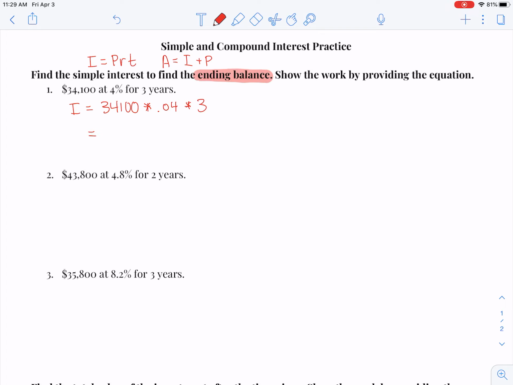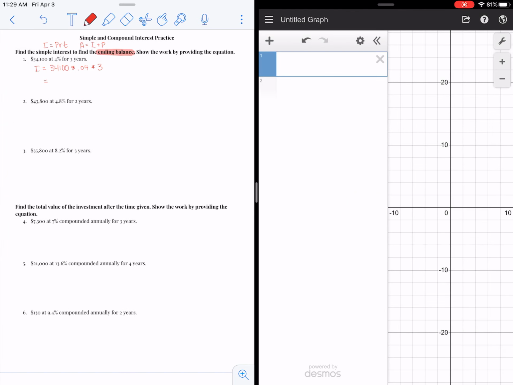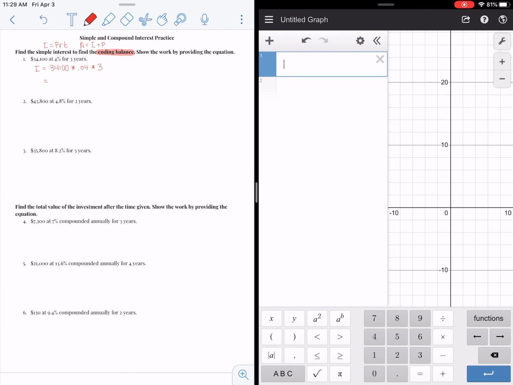If you do this on your calculator, I'm going to do this on the Desmos calculator real quick to show you. And it's going to be 34,100 times 0.04 times 3. That gives you 4,092.